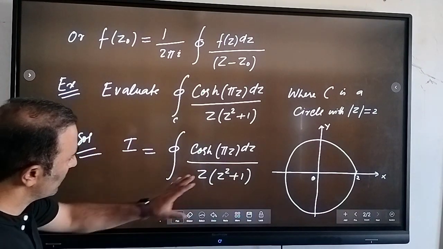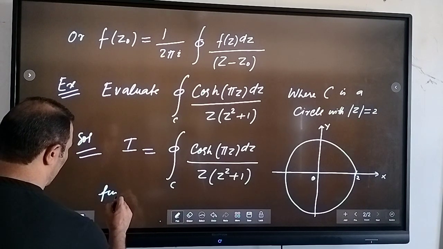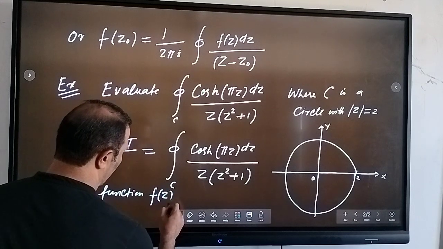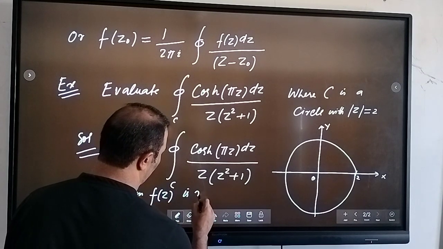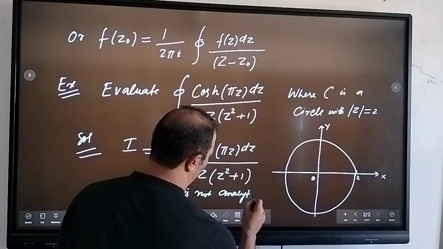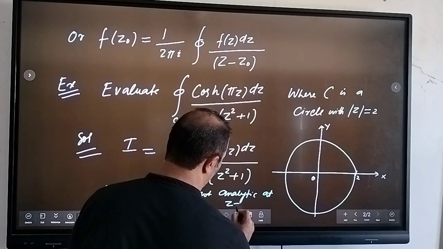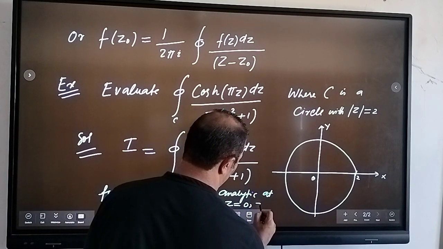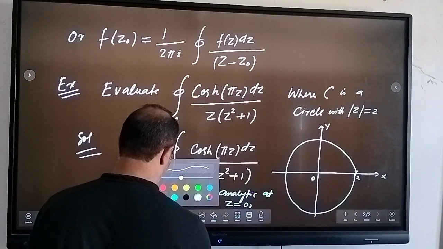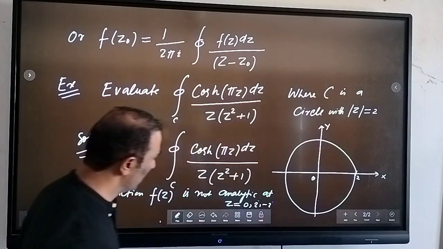this function f of z is not analytic at z equal to 0. How?